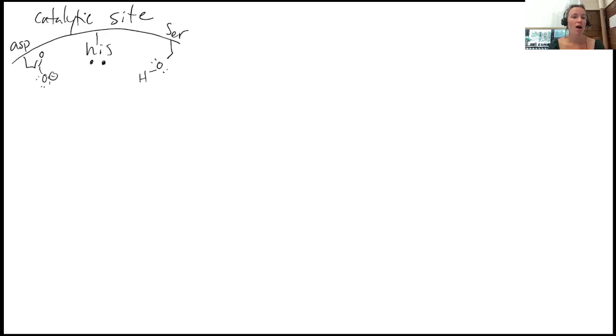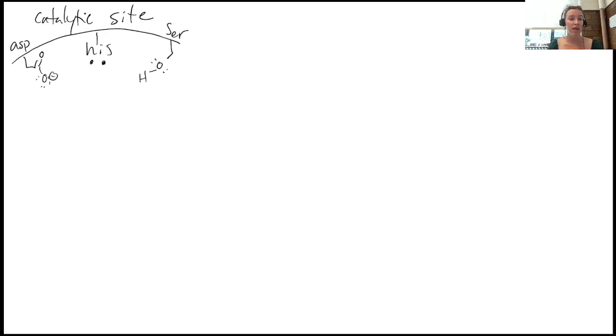Beautiful. Now, don't forget that these R groups are doing hydrogen bonding interactions with one another, but I'm going to leave that out of the drawing just because it can kind of confuse what's happening with the mechanism.